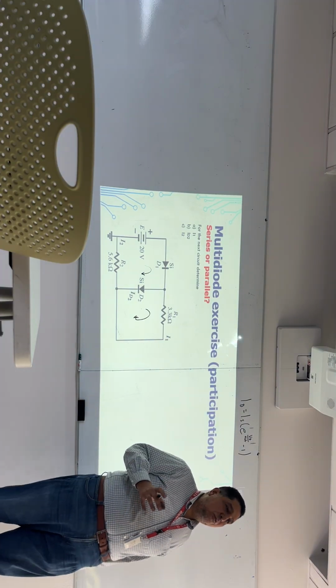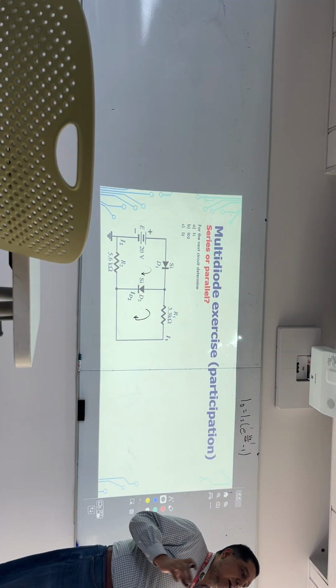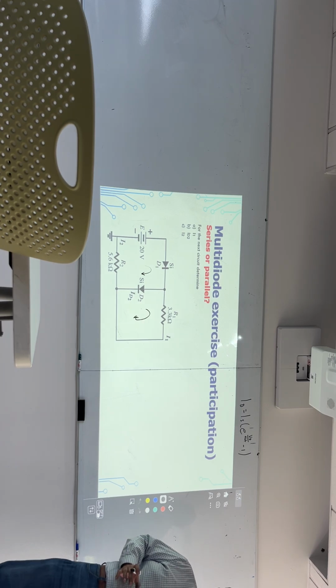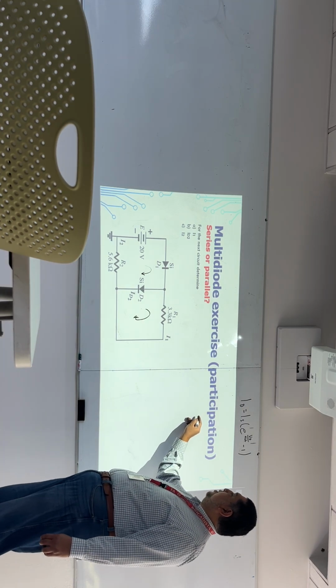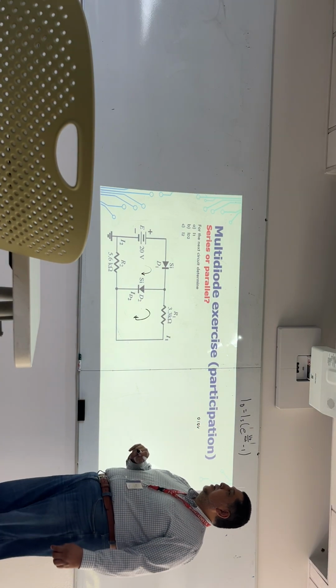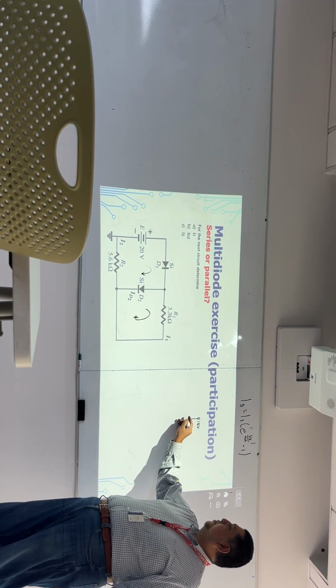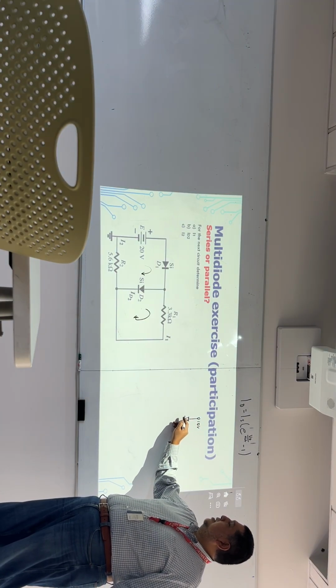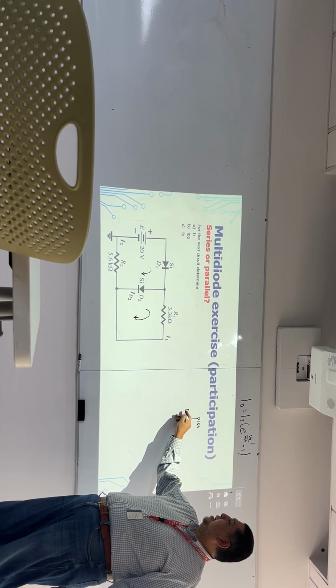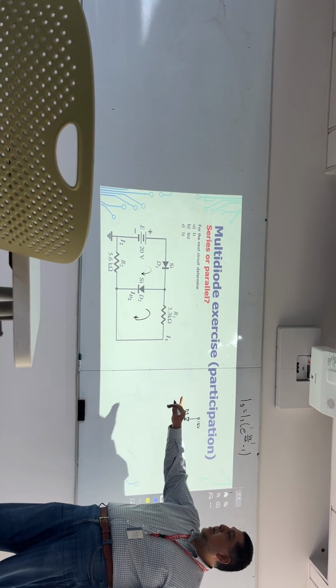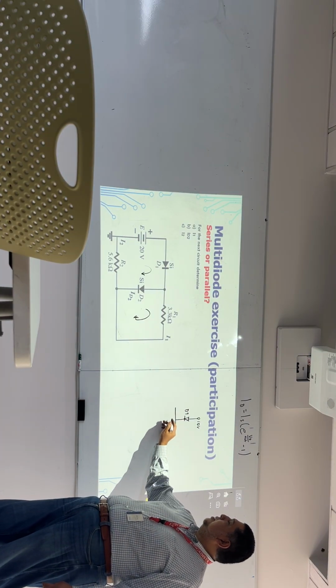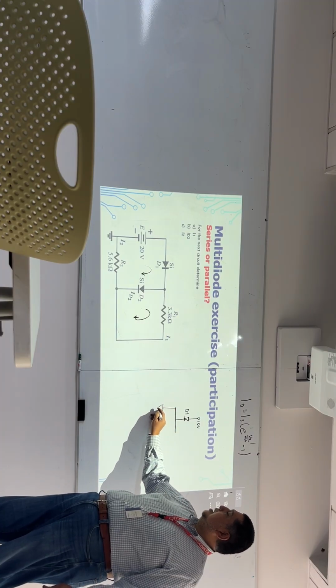How? First of all, let's locate the highest voltage. What is the highest voltage? 10 volts. So I'm going to place that voltage at the top. And now I'm going to go down. First, I find this diode. It is the D1 diode, silicon diode. And then I have a second diode.